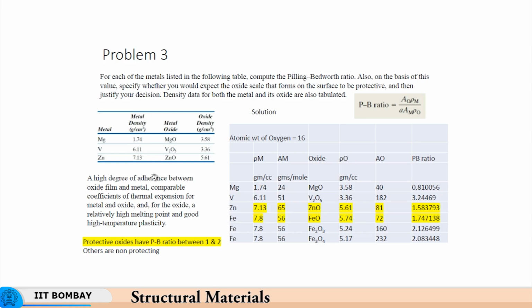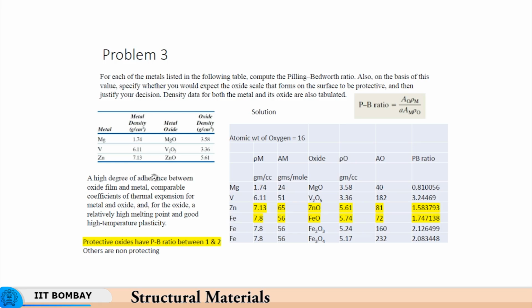Comparatively, if you take zinc, it is 1.58 and similarly FeO is between 1 to 2. So, here you will get a protective oxide film. Comparatively Fe2O3, which is called rust, does not protect the iron from getting oxidized.